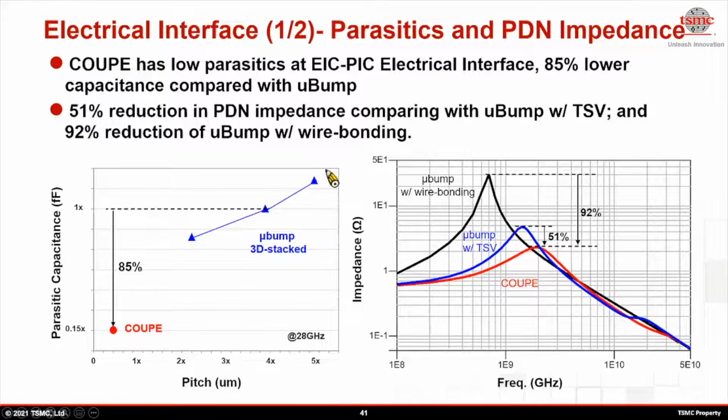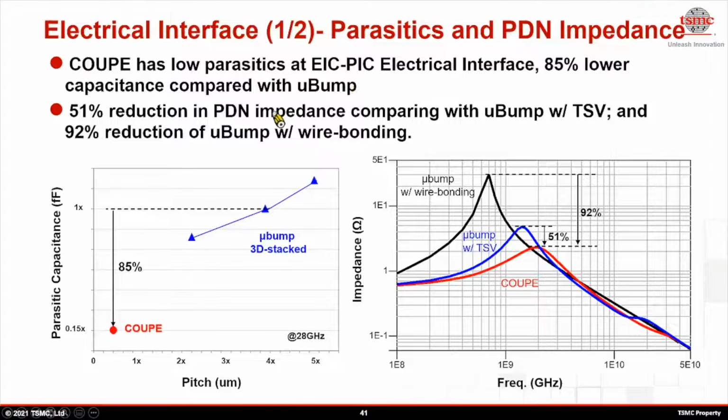This slide compares two 3D stacking schemes. One is COUPE, the other one is conventional 3D stacking with microbump. COUPE shows significantly lower parasitics at the EIC-PIC electrical interface. 85% lower capacitance can be achieved against microbump.